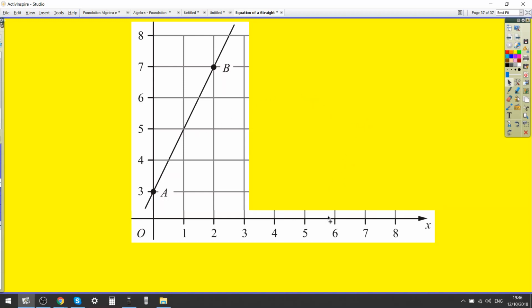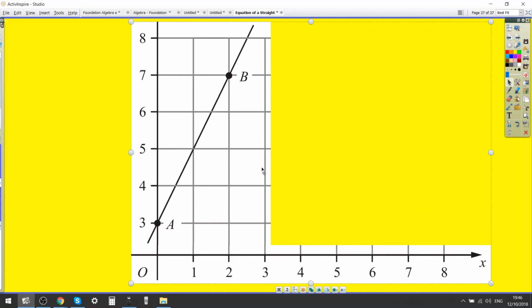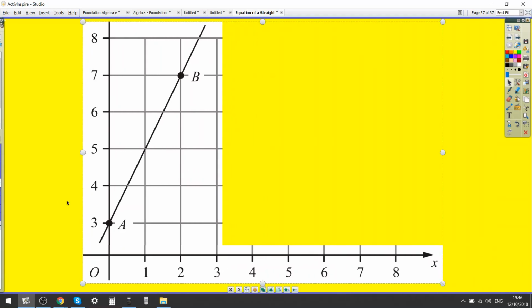So do I just need to find the equation of that line? Yep.